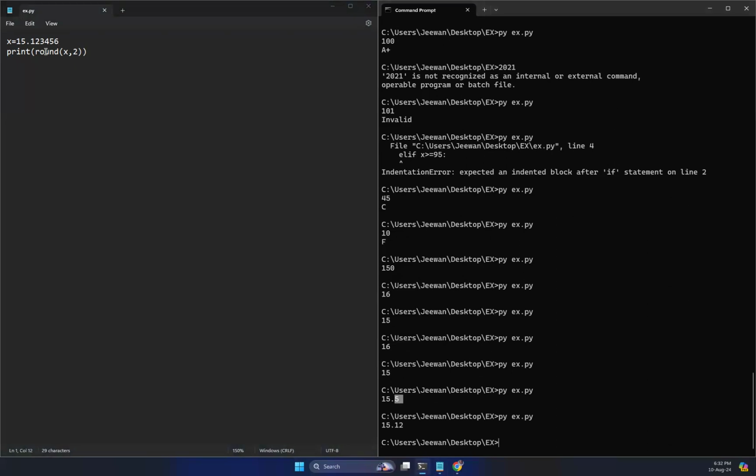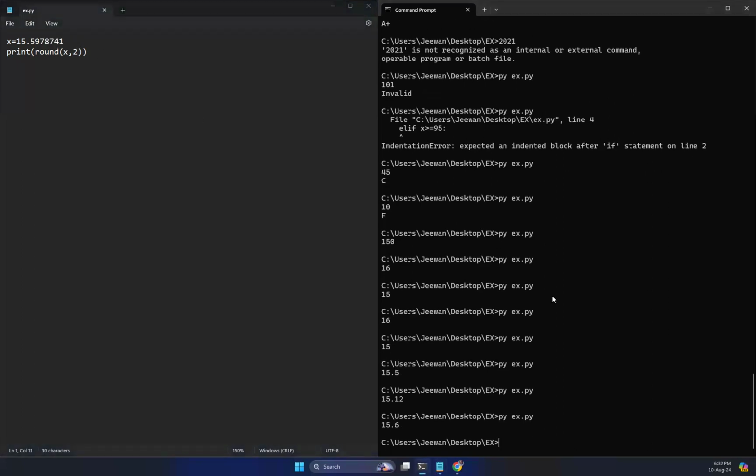It has rounded to 0.50. 15.12345 gives us 15.12. If I have 15.59, like 597, this will be 15.59 something, therefore it will be rounded to 15.60. That's why it will display as 6.